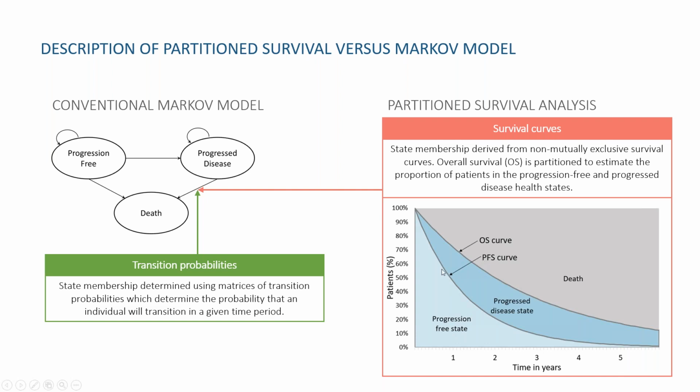And this is determined by the progression-free survival curve, which is the lower curve here on the diagram. So the progressed disease state in the middle is calculated by taking the overall survival curve and subtracting the progression-free survival curve.